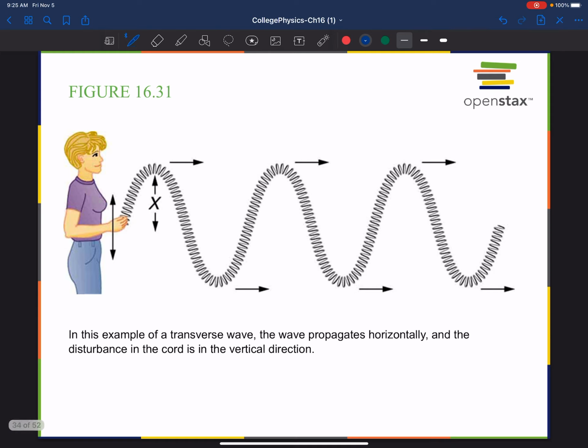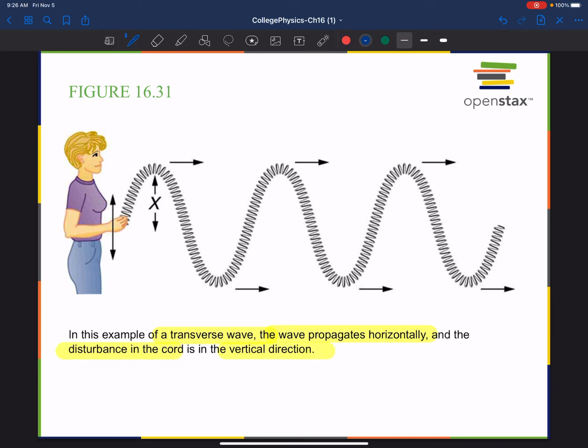There are 2 different types of waves that we generally talk about, and those are transverse and longitudinal. This type is transverse, and in a transverse wave, the wave is propagating horizontally while the disturbance is vertical, or vice versa.